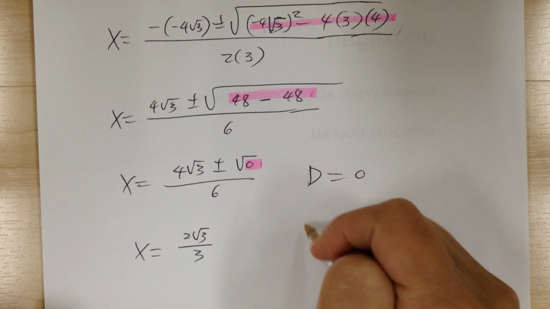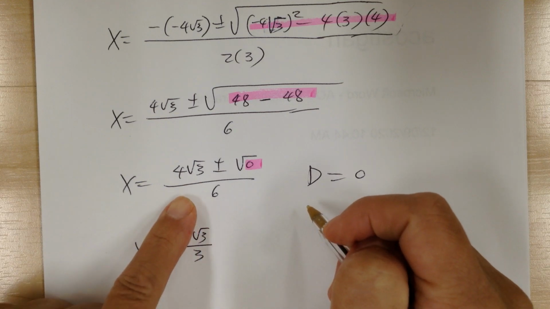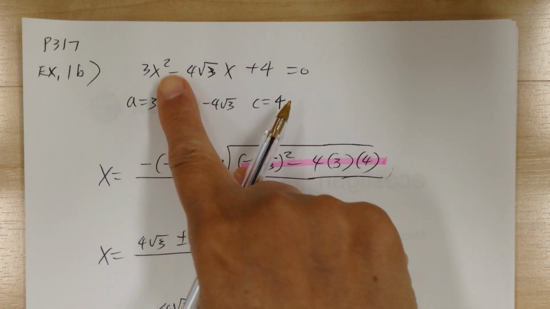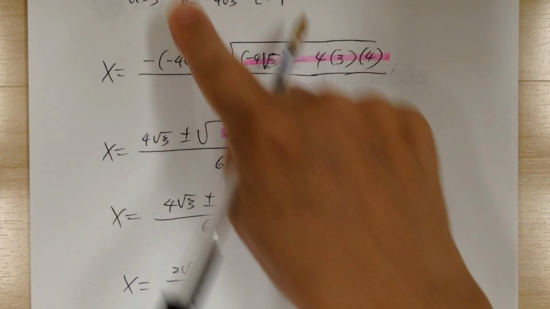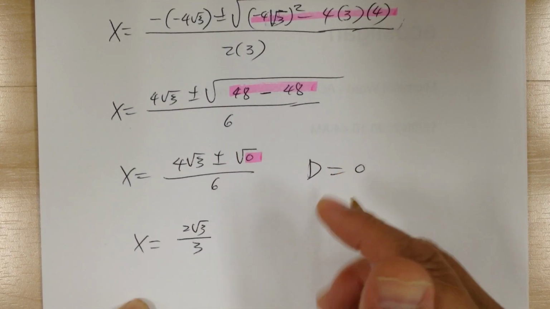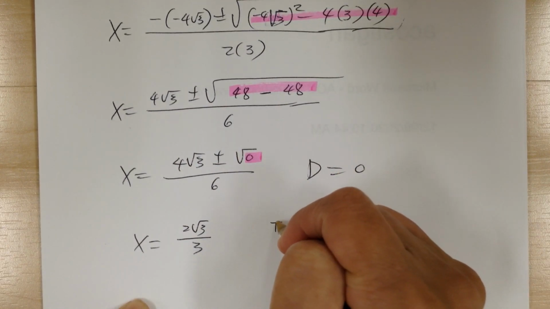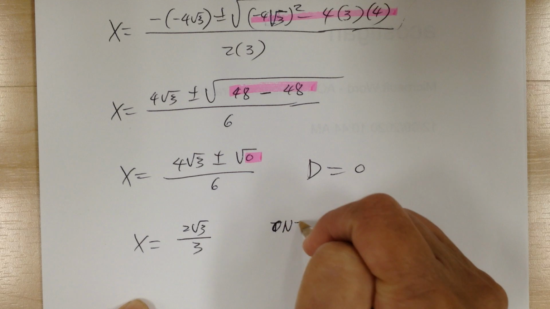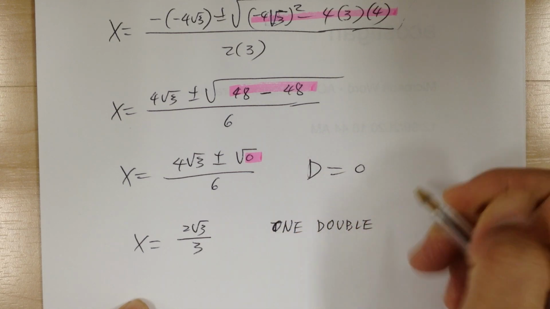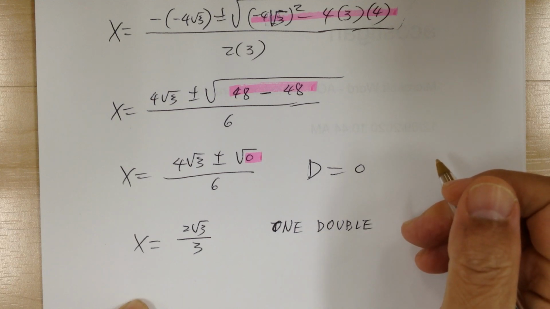you're going to get one double root. This is called a double root because, like with x squared, you're going to get 2 answers and they are the same, because of the plus and minus, the 2 answers are going to be the same. So you're going to get one double root, and it's going to be real.